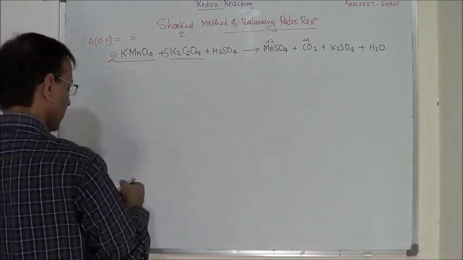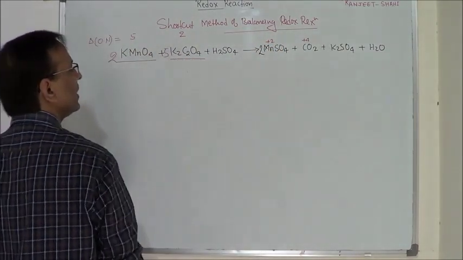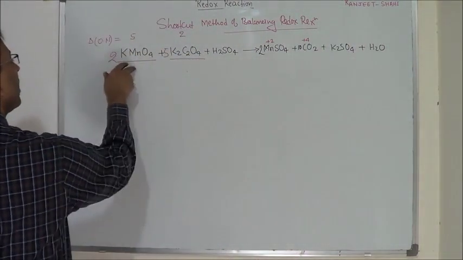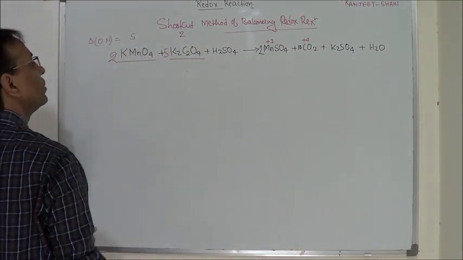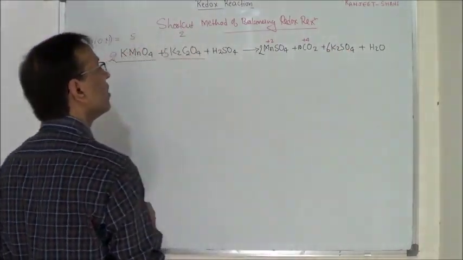2 manganese, so 2 MnSO4, 5 into 2, 10 carbon, so 10 CO2. 2 potassium here, 10 potassium here, so 12 potassium, 6 K2SO4.